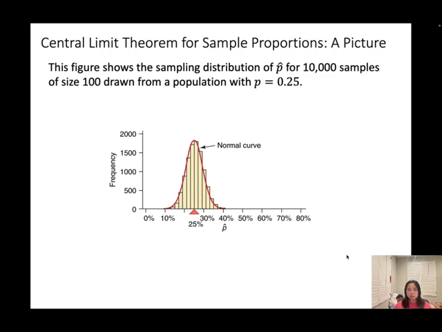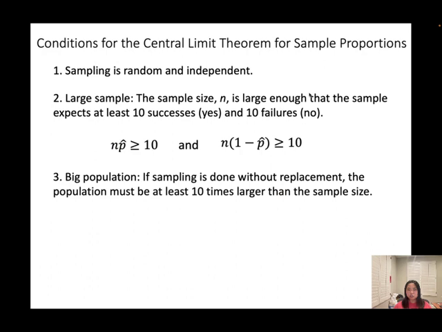Okay, this figure shows the sampling distribution for p hat for 10,000 samples of size 100. So the sample size times p is 25, which is greater than 10, and the sample size times 1 minus p is 75. Both of them meet condition 2.